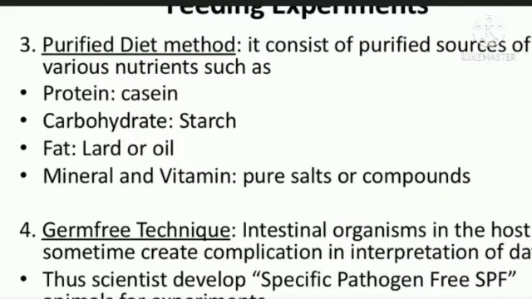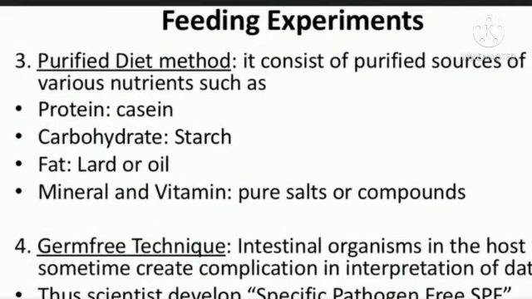This is also one type of experiment, that is purified diet. Suppose we want to evaluate mustard cake. Mustard cake has protein, carbohydrate, some amount of fat, and minerals, but all these nutrients are also provided by the different ingredients.